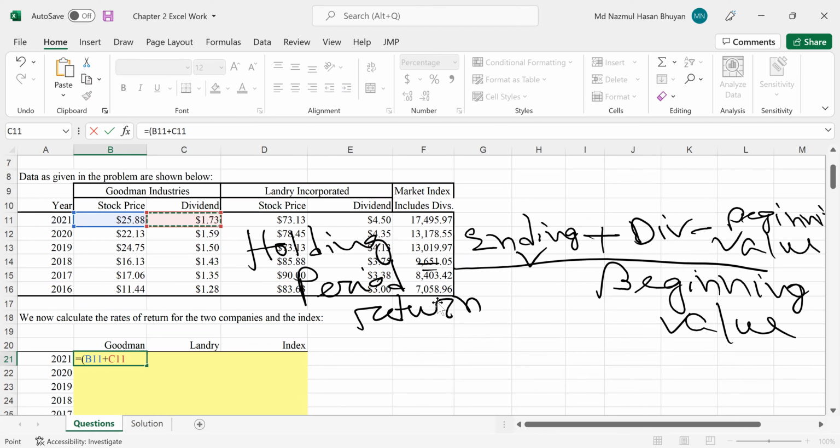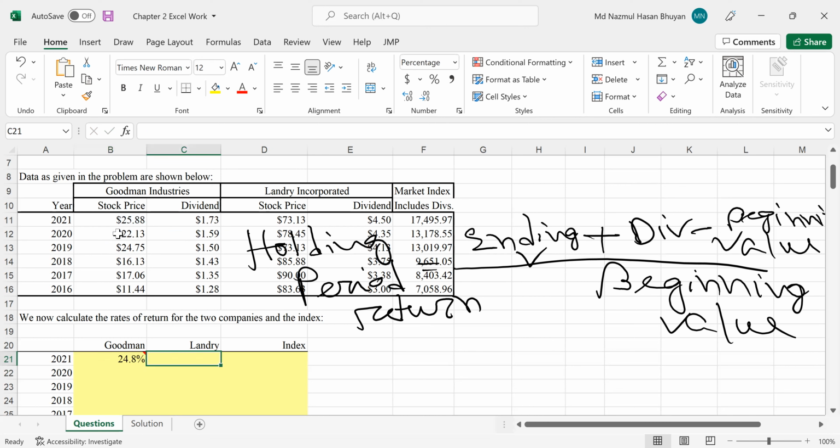Now, for this particular year, we started with the ending value of 2020. So that is the beginning value. So minus beginning value divided by beginning value. All right. So this is the holding period return for Goodman Company in the year 2021.